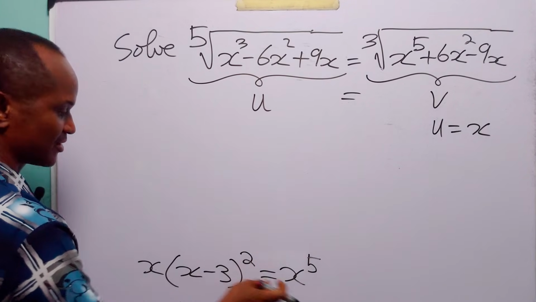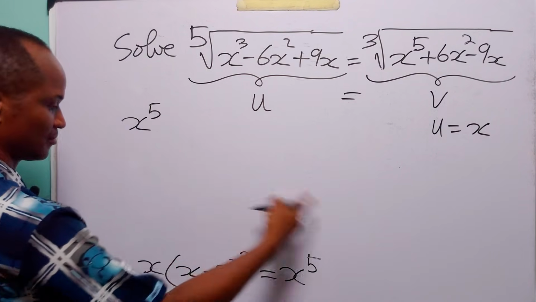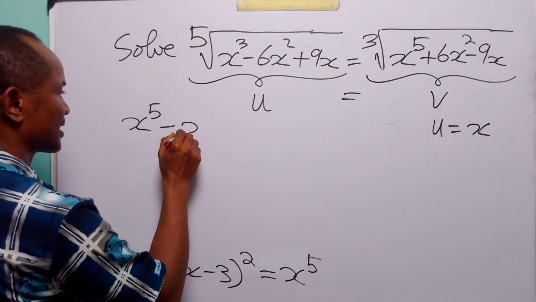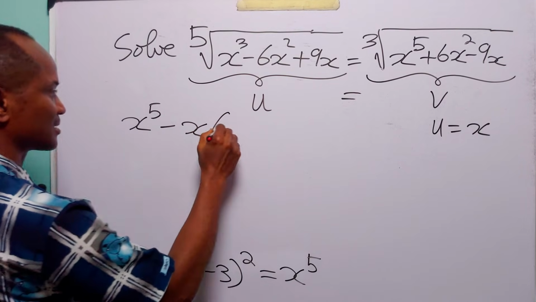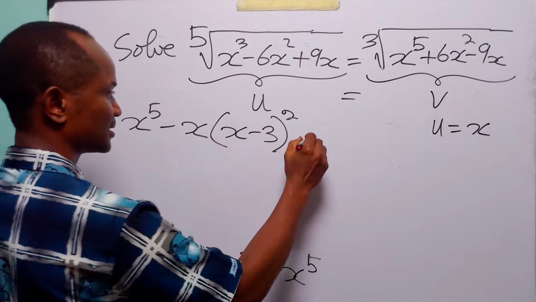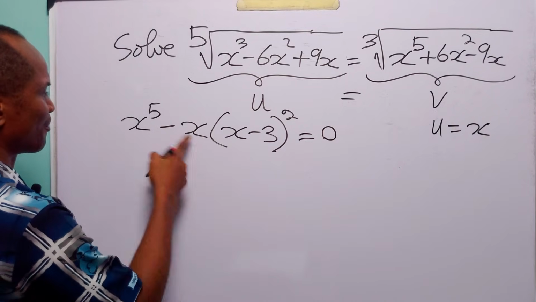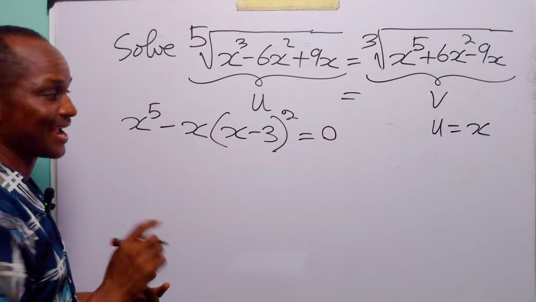And rearranging this equation, we have that x to power 5 minus x times x minus 3 squared is equal to 0. Now, once more, we have a common factor between these two, which is x.